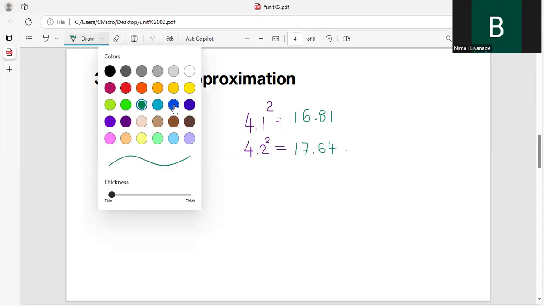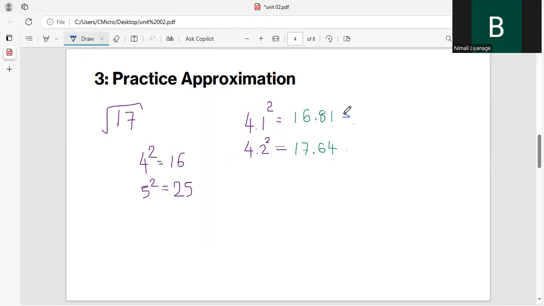We are going to find the difference between 16.81 and 17, and the difference between 17.64 and 17.